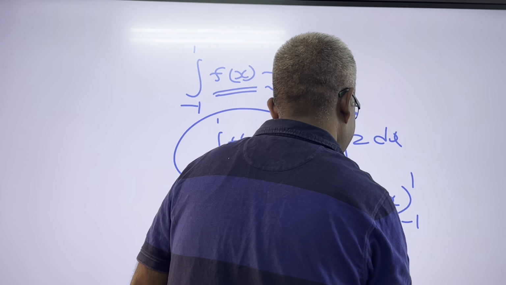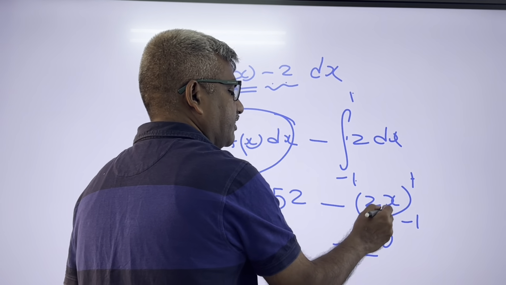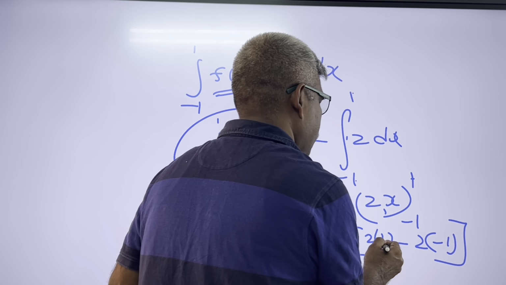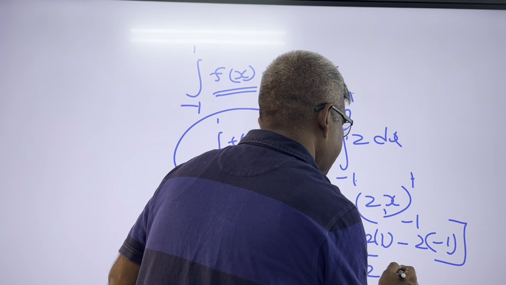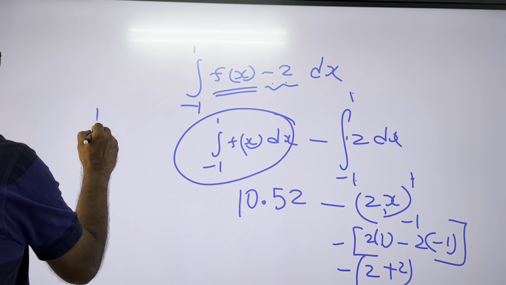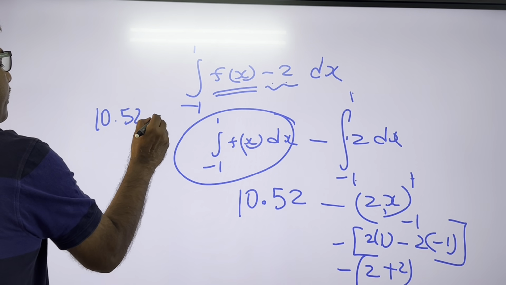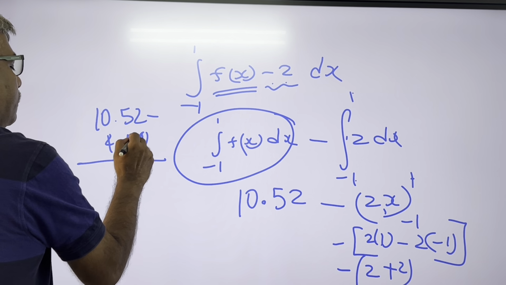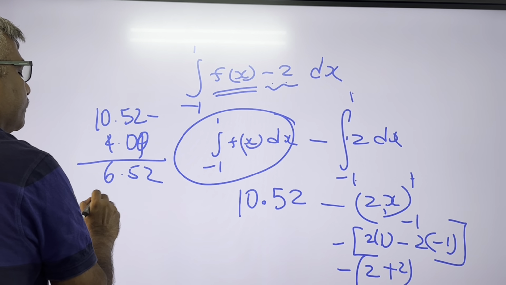So minus 2 times x, you substitute 1 minus 2 times minus 1: 2 minus minus 2 plus 2, that is minus 4. So 10.52 minus 4.00, it is 6.52.